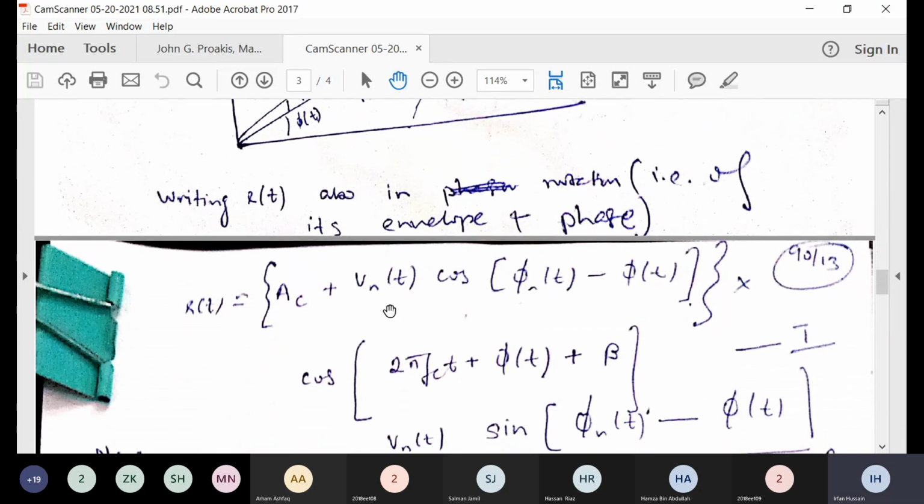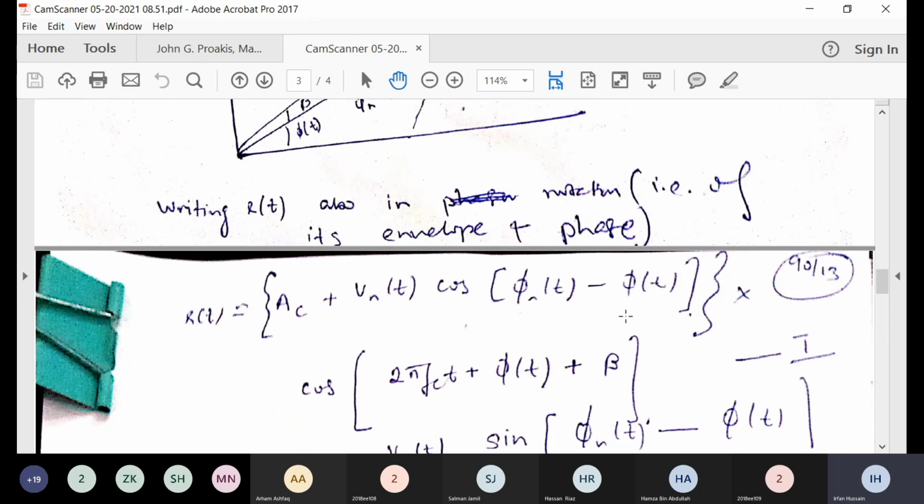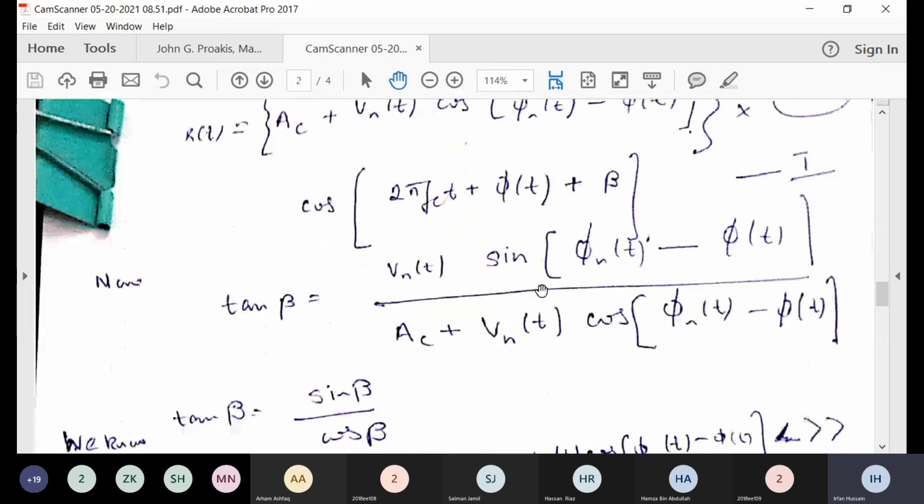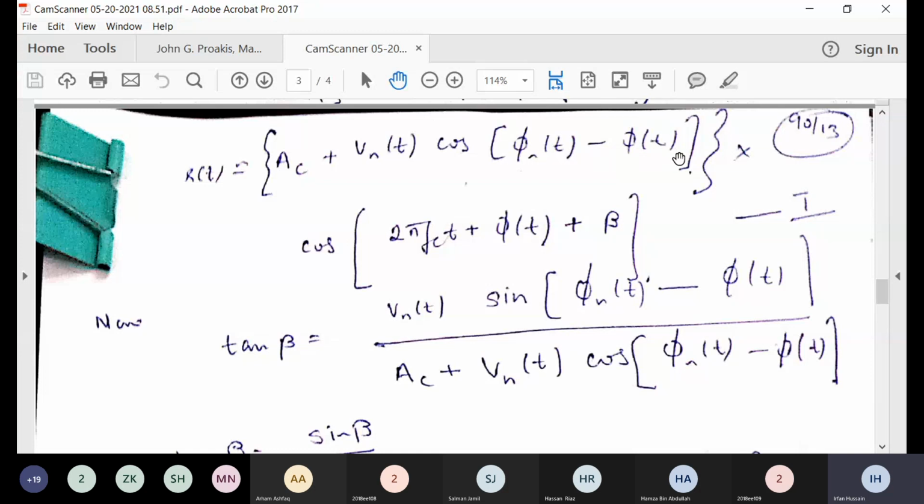Amplitude comes out to be AC plus Vn cos of phi n minus phi t, or AC plus Vn taken to its phasor in-phase part. This will be Vnt times cosine of this angle, which is phi nt minus phi t. This is the amplitude.